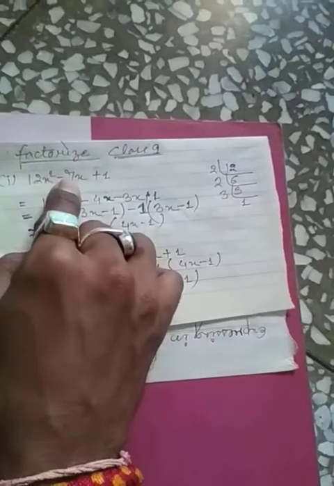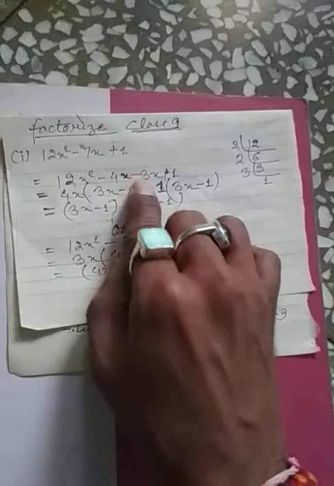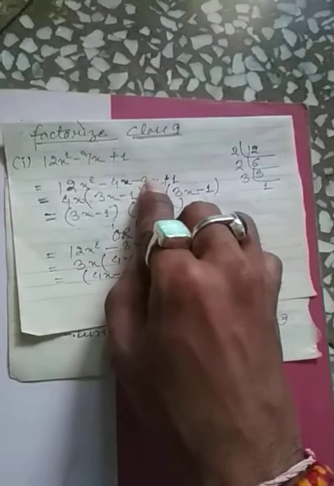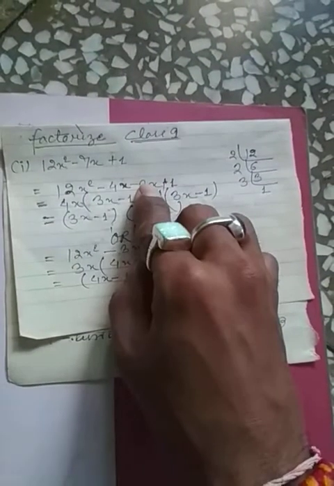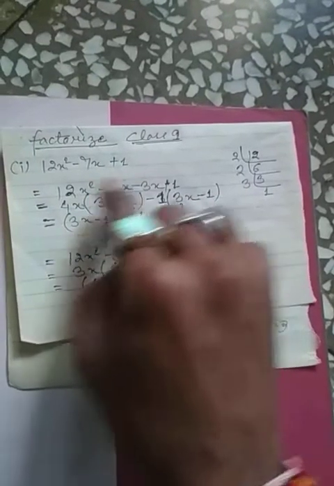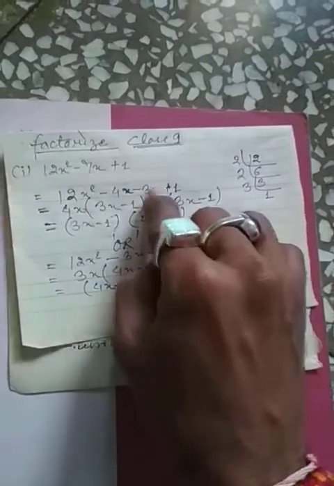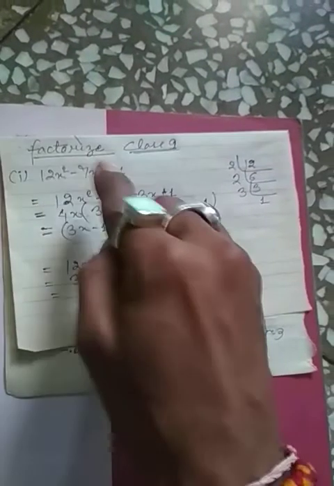Try to understand, this can be expanded only if the identity does not work. So minus 3x minus 4x, you can interchange this 3x here also or 4x here also. Whatever numbers you keep here, the answer should be minus 7x. So whatever is here, this should be reverse of this.